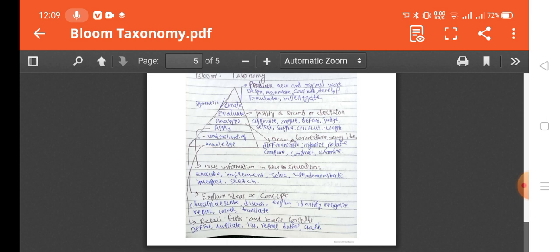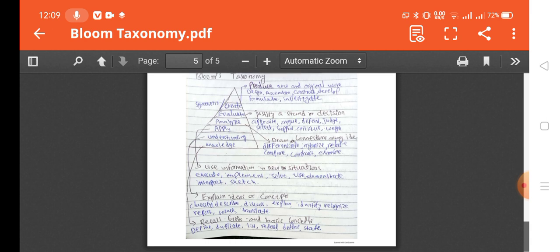At the analysis level, you draw connections between ideas: differentiate, organize, relate, compare, contrast, and examine. At evaluation, you justify a stand or a decision: appreciate, prize, argue, defend, judge, select, support, critique, and weigh something.